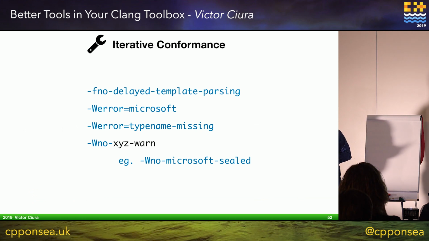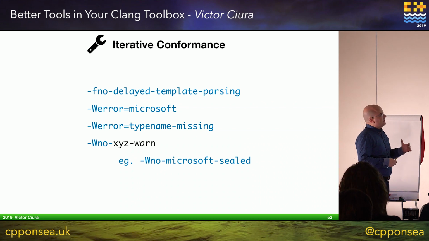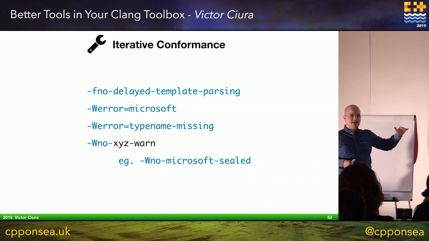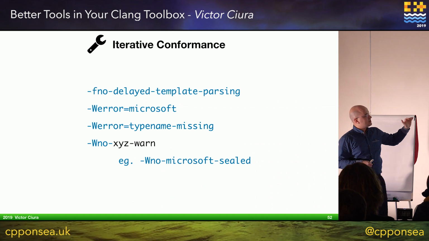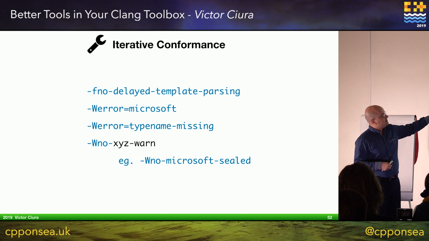On iterative conformance, some advice I can give you from what we've tried is doing it gradually. For example, enabling only a certain class of warnings or suppressing certain warnings explicitly, like I have a few examples here.